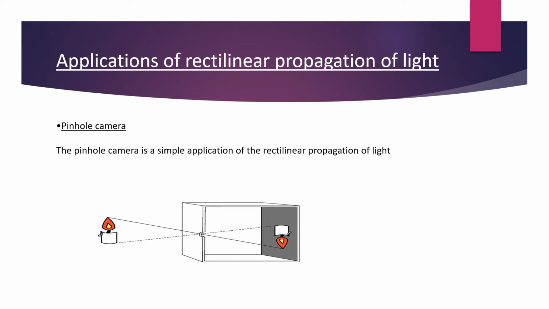In a pinhole camera, we take a cardboard box and on one side of the cardboard box we make a small hole, and on the other side we place a screen or a tracing paper to obtain the image. Here we can see that when a lighted candle is placed in front of a pinhole camera, the light travels in a straight line from the candle and its image is obtained on the screen inside the pinhole camera.